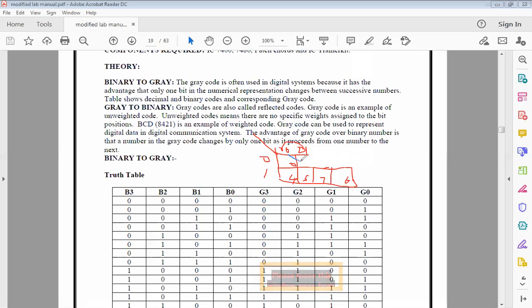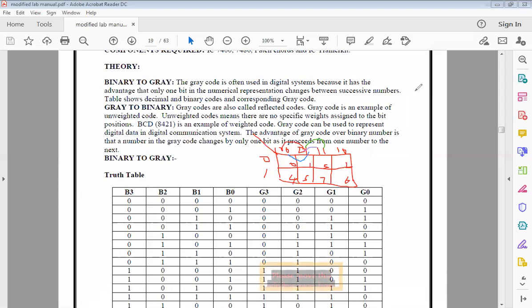Similarly, if you compare this with the neighboring one, 1, 1 is common, but the only bit that changes is 0 and 1, right? Your gray code also functions in the same fashion, where just one of the bits changes, right?